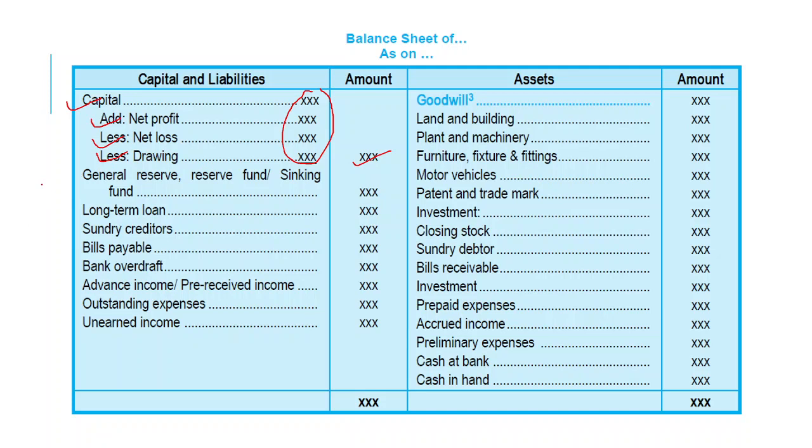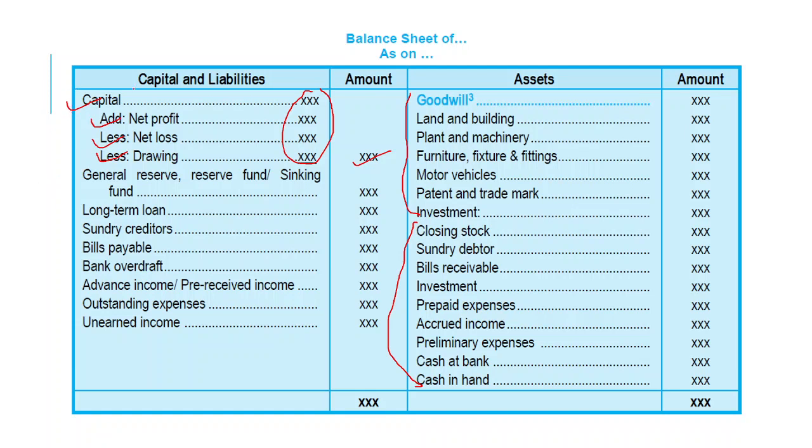Normally it is suggested to record the long-term assets, or say fixed assets, at the top, and then record the current assets at the bottom, in the second half. Similarly, on the capital and liability side, first of all, it is suggested to include all the capitals.